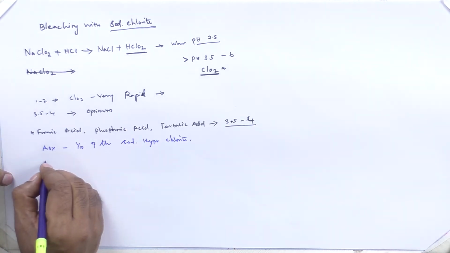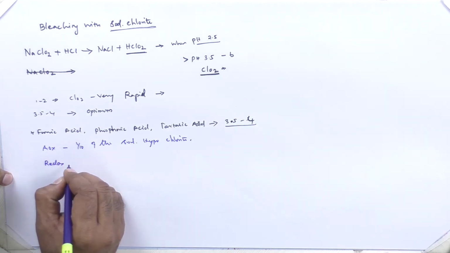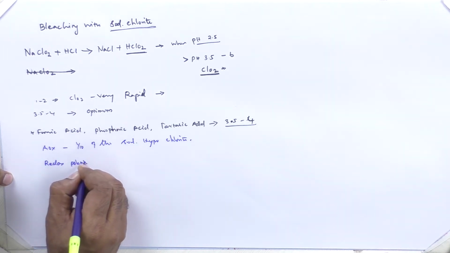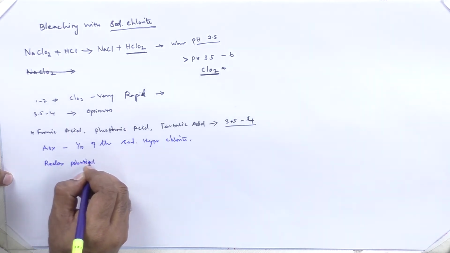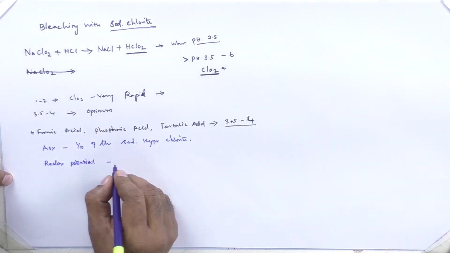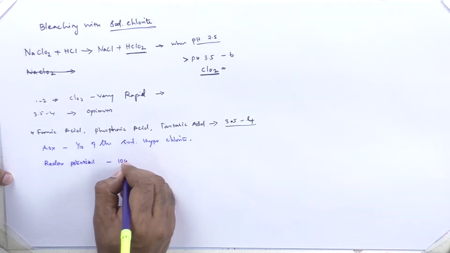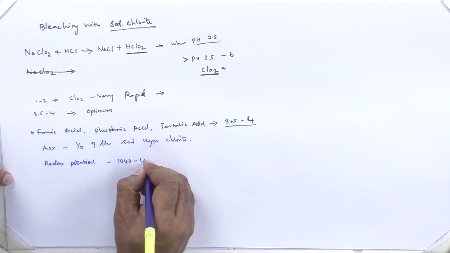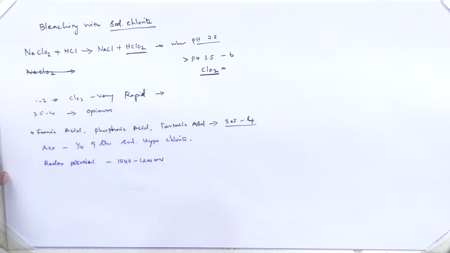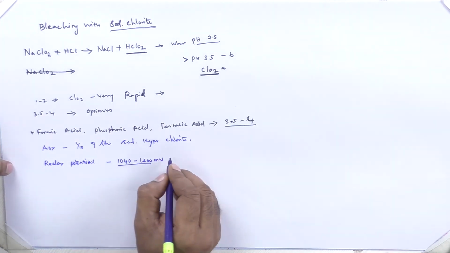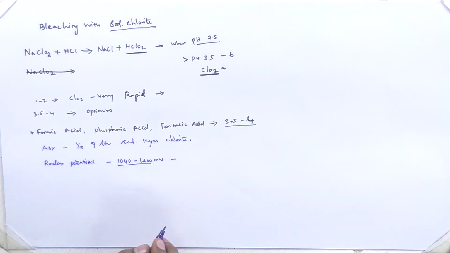The redox potential is around 1042 to 1200 millivolt. So it is a very powerful oxidizing agent.